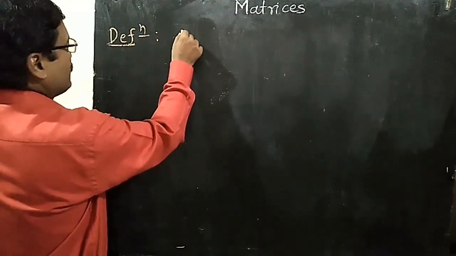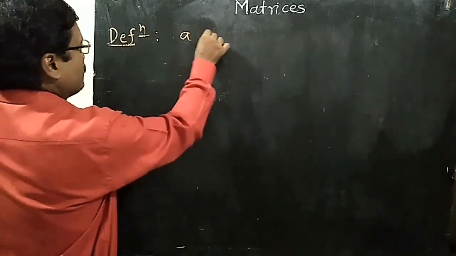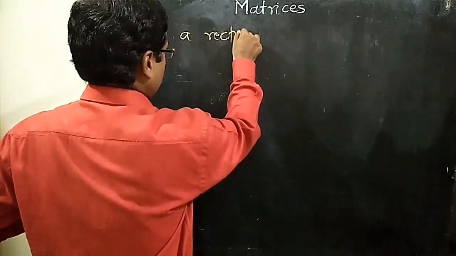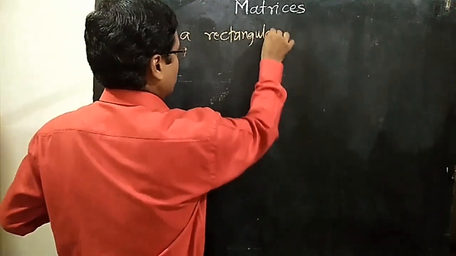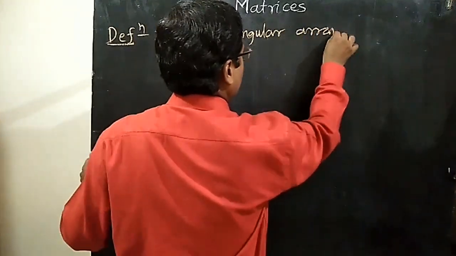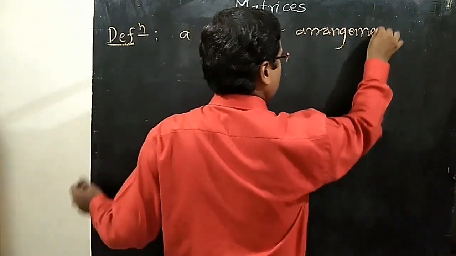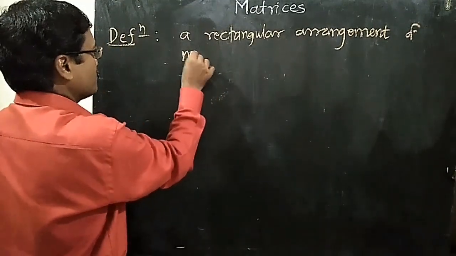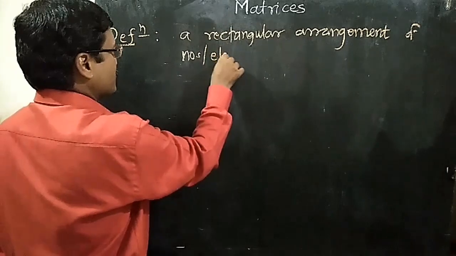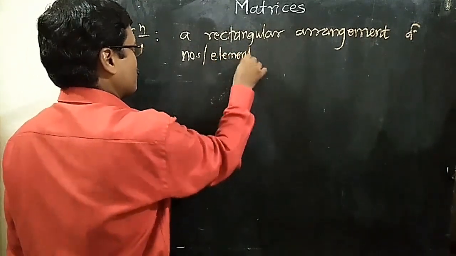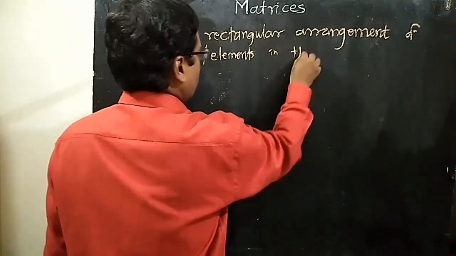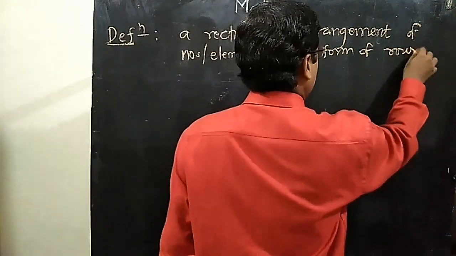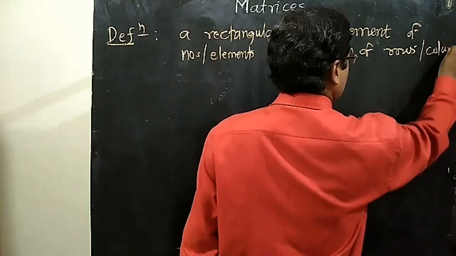Matrix is a rectangular arrangement of numbers or elements in the form of rows and columns.